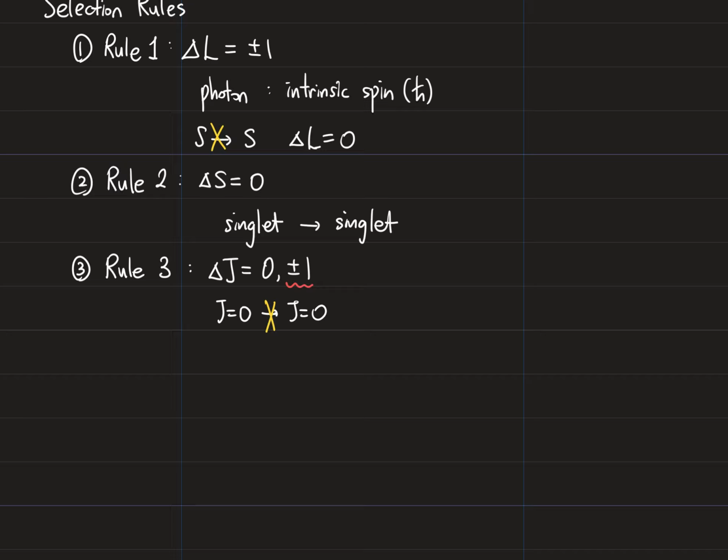So we can also have some situations like this, where the change in J equal to 0 with delta L plus 1 and delta S equal to minus 1. So rule 3 is followed by the previous two rules.